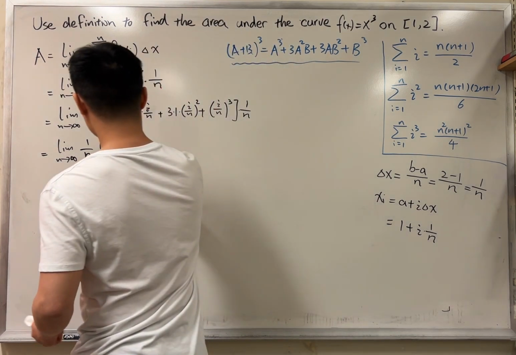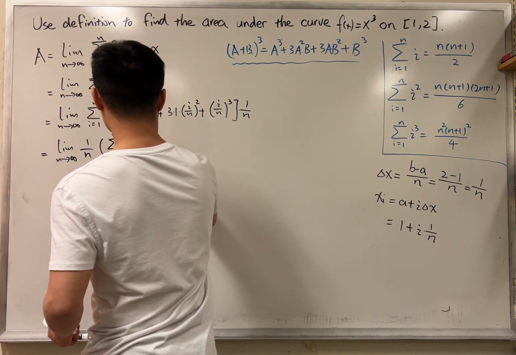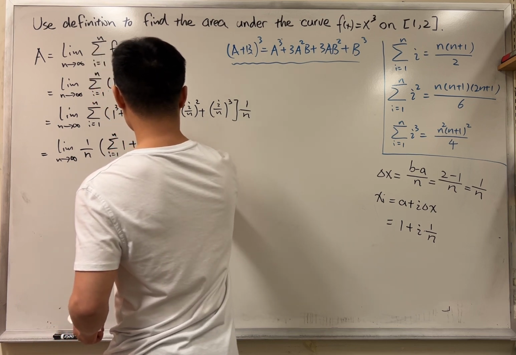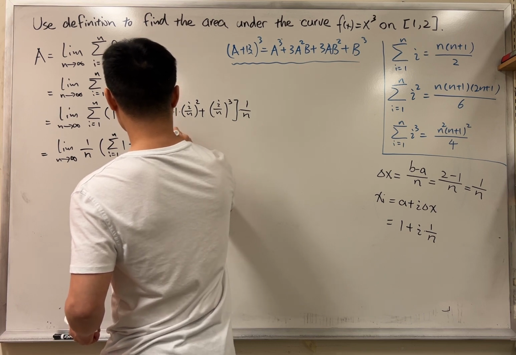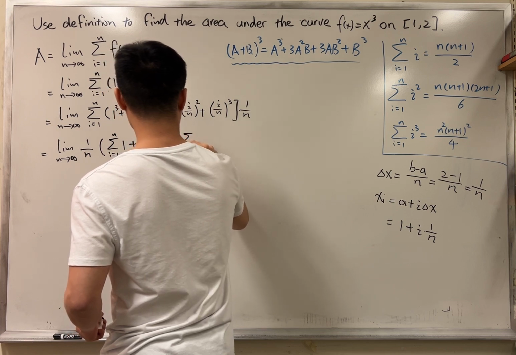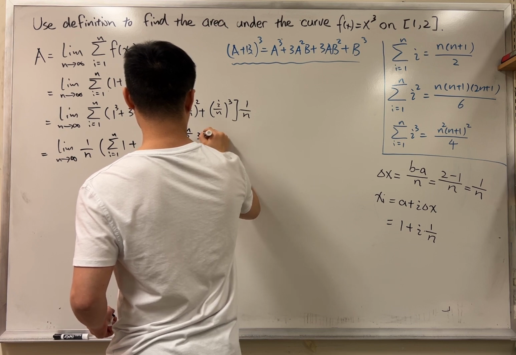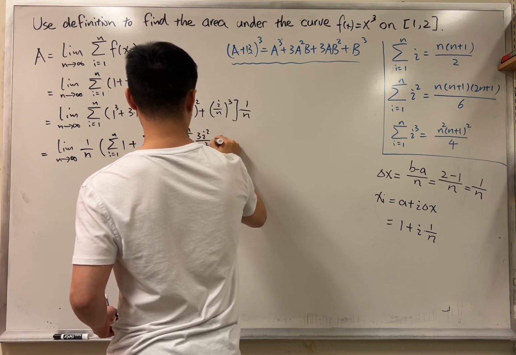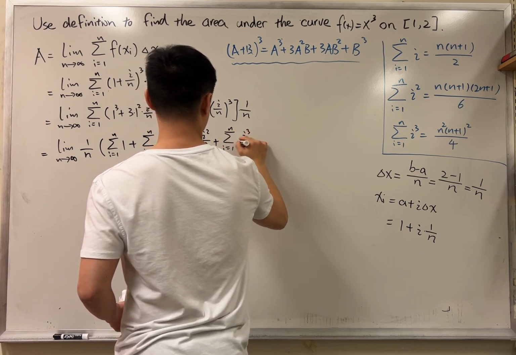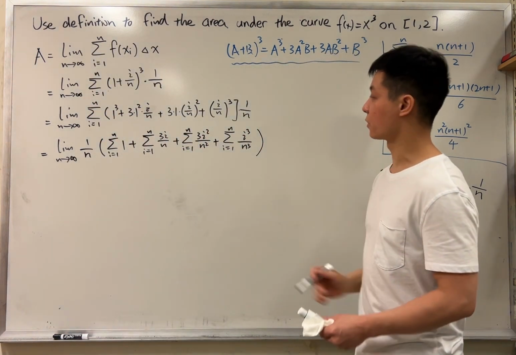So we have sigma of 1 plus sigma of this 3i divided by n plus sigma of 3i squared divided by n squared plus sigma of i cubed divided by n cubed. It's going to be like this.